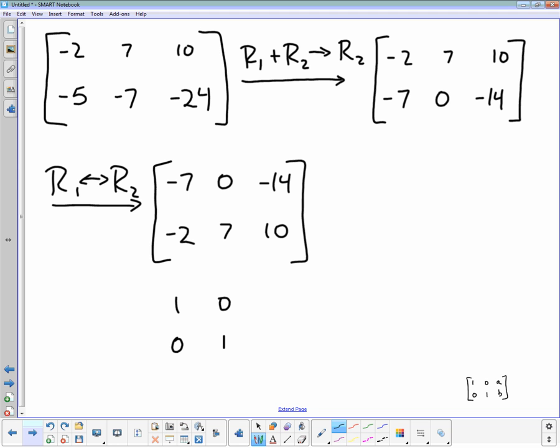Not just 1/7, negative 1/7. Negative 1/7 times row 1. And I'm going to put that in place of row 1. This more complicated row 1 will become a simpler row 1 in a second.